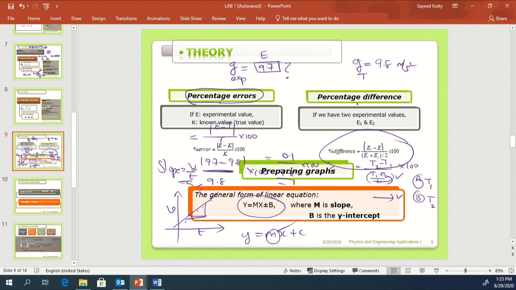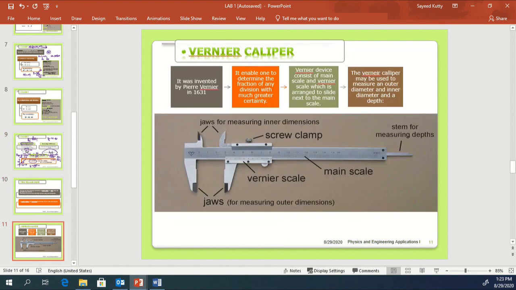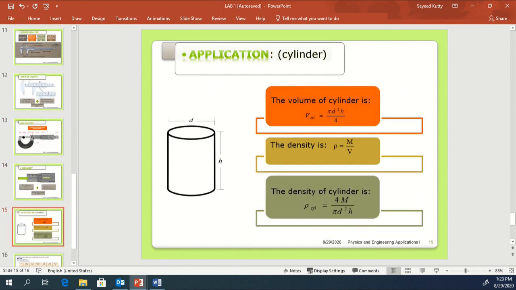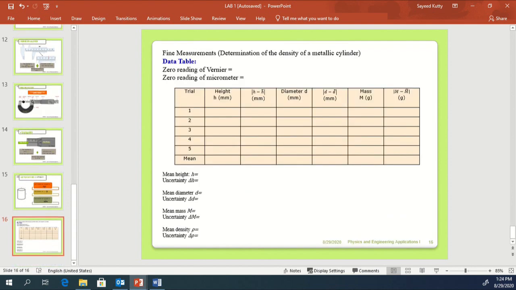Acceleration. Now, we already provided the video on how to use the vernier caliper and micrometer, and of course you will get enough practice in the lab. And these are the equations we already discussed. This table I already discussed. I think I'm done with every explanation.